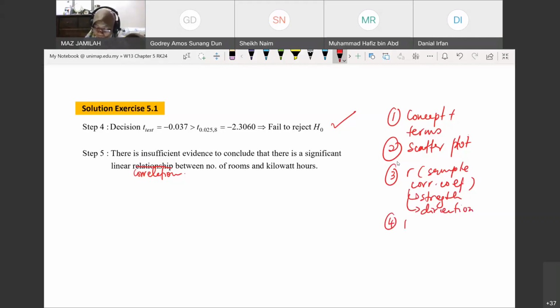And number 4, hypothesis testing for our R, for our sample correlation coefficient, to make decision for your rho. So this is sample correlation coefficient, and this is your population correlation coefficient. Okay, so far those are the things that we have covered.